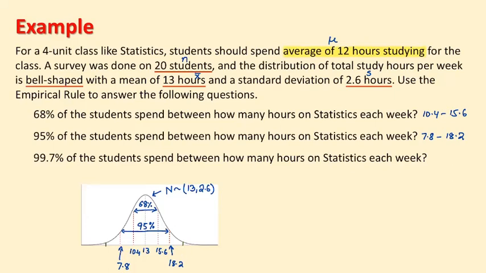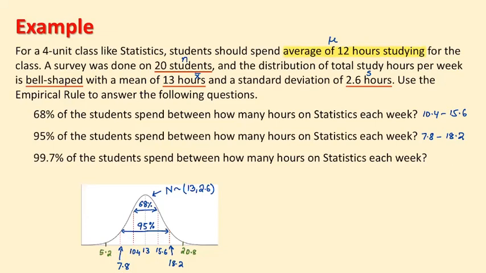So this is 20.8. Similarly, on the other side, 13 minus 2.6 is 10.4, 10.4 minus 2.6 is 7.8, and 7.8 minus 2.6 is 5.2. So if we go 3 standard deviations above the mean, it is 20.8, and 3 standard deviations below the mean, it is 5.2.